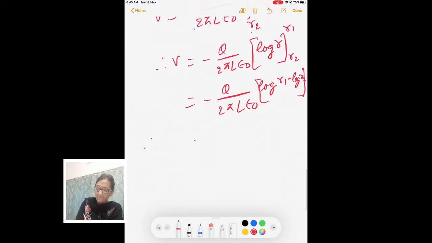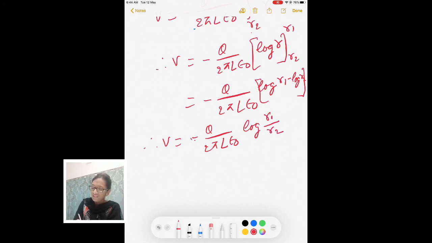And finally, we have potential minus Q upon 2 pi L into epsilon naught into log R1 upon R2.